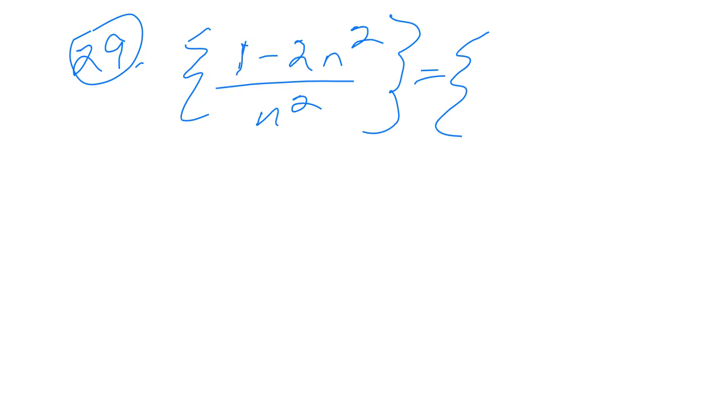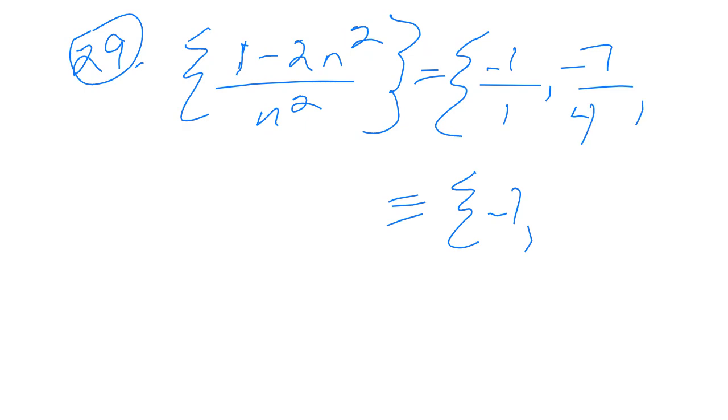Well, it'd be 1 minus 2, which is minus 1 over 1, which is minus 1, right? If n is 2, then we've got 1 minus 2 times 4. So 1 minus 8 is minus 7 over 2², which is 4. That's minus 1.75.